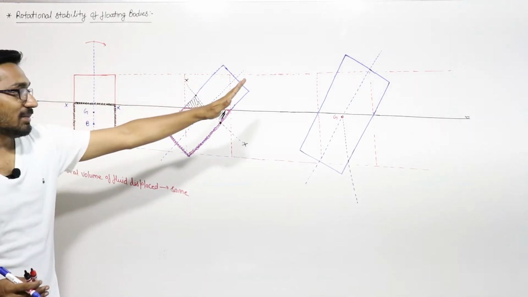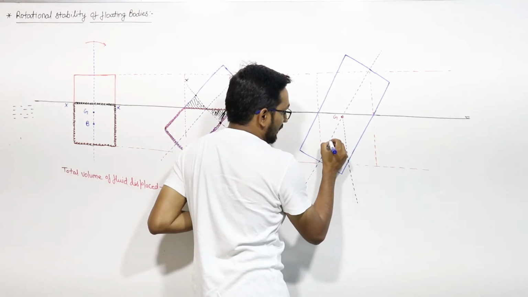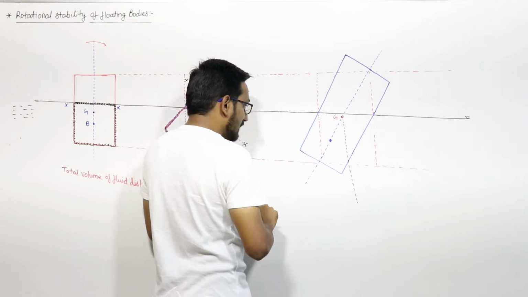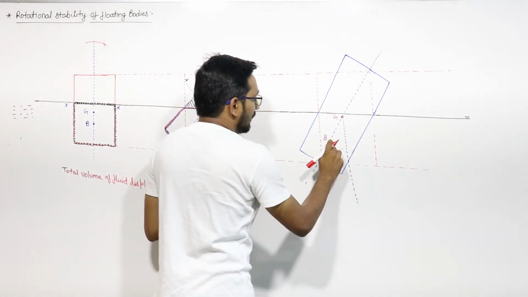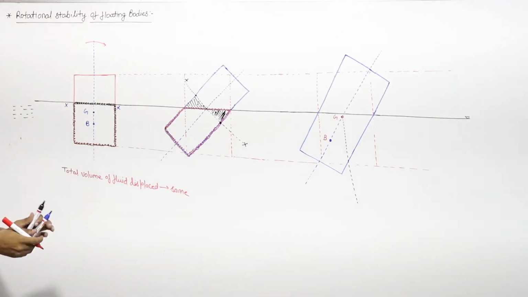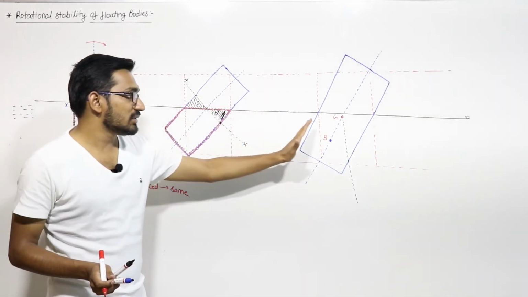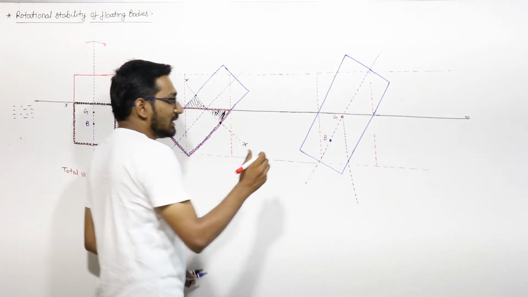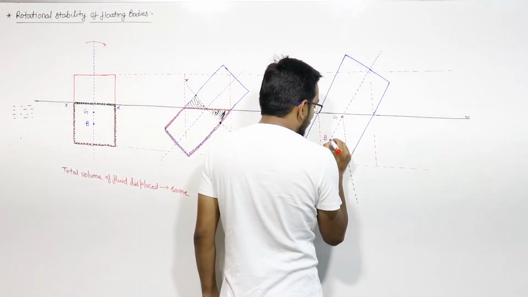Now this axis will be tilted, and initially the center of buoyancy is here, right? This is the center of buoyancy initially. But now, as you understand from this, the center of buoyancy tends to shift towards the right direction. So the center of buoyancy will shift right in this direction.